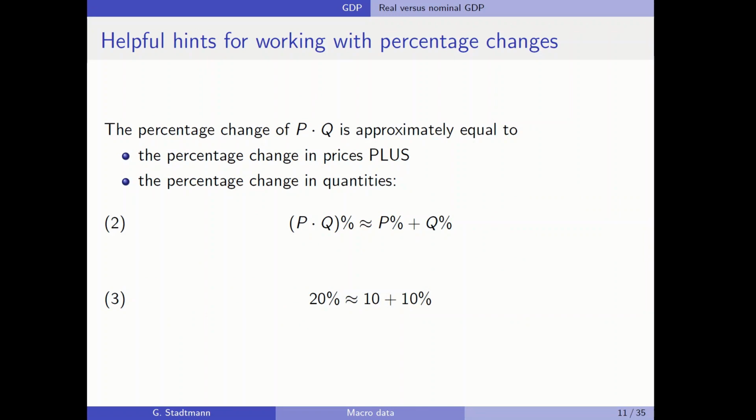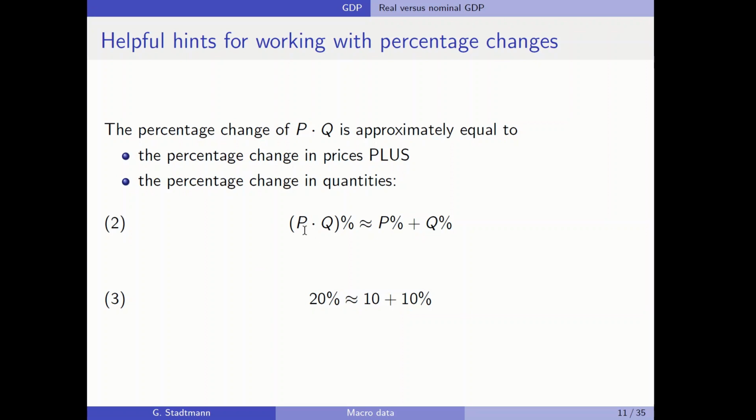In the textbook, you can find one focus box, which is called Helpful Hints for Working with Percentage Changes. And I would like to raise your attention to one rule which is used here. The rule is that the percentage change of a product, price times quantity, is approximately equal to the percentage change in the prices plus the percentage change in the quantities. This is mentioned in equation number 2.